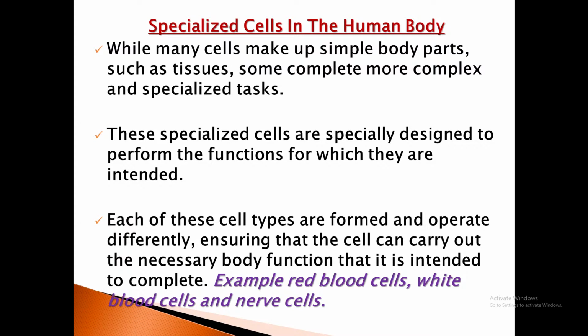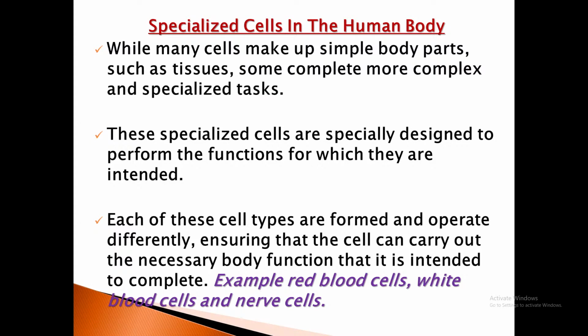So the first pointer: while many cells make up simple body parts such as tissues, some complete more complex and specialized tasks. So what they are saying is that some of the cells inside the human body, for example, your red blood cell, actually specialize to carry out a particular function or a particular task.